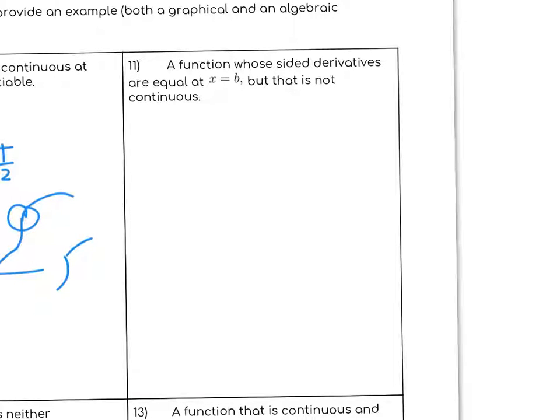Function whose derivatives are equal at x equals b, but is not continuous. So I might do something like e to the x minus 1 and e to the x plus 1.